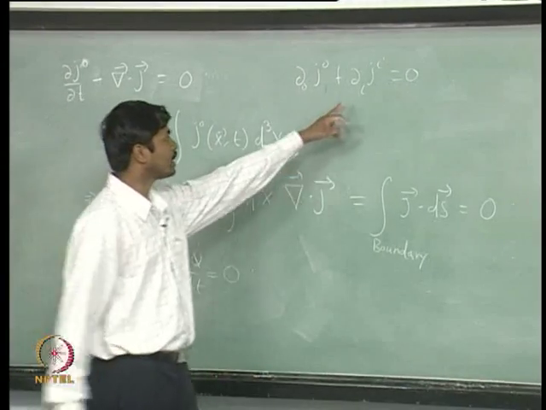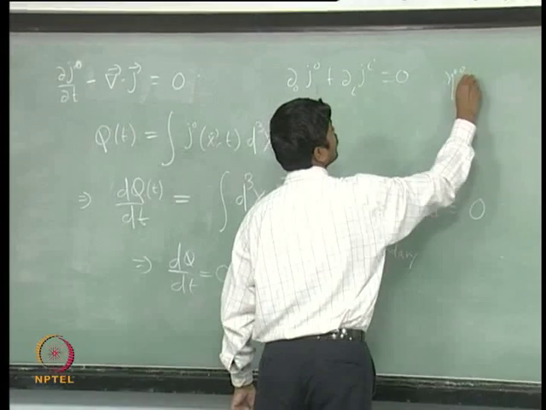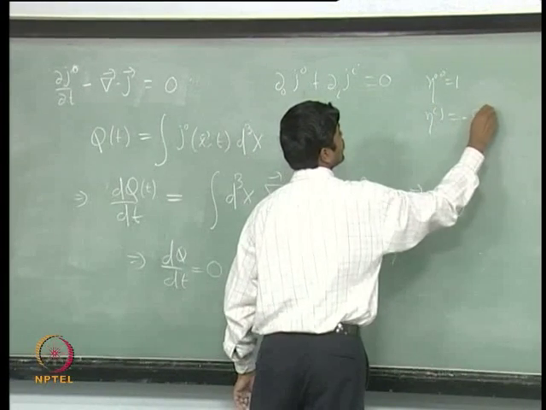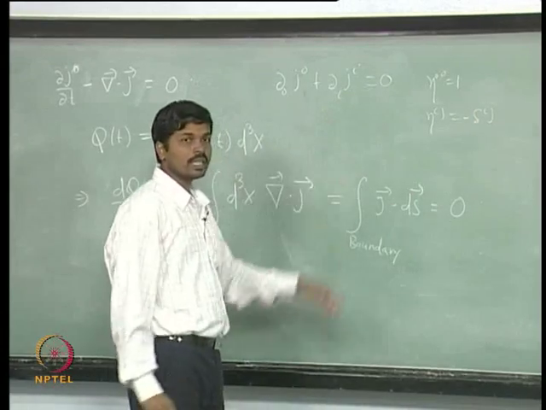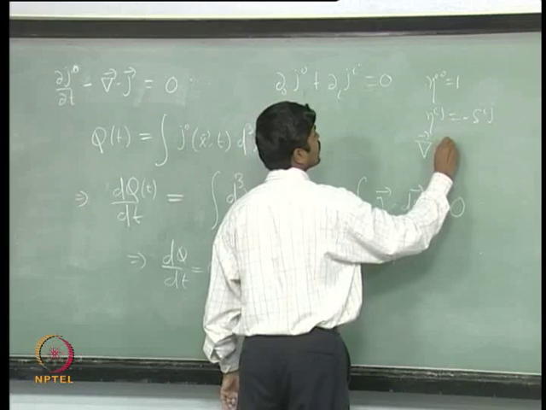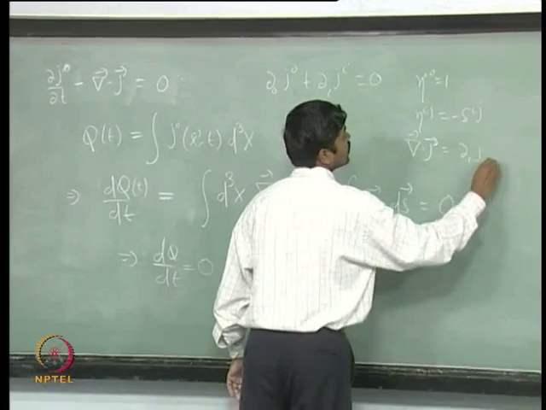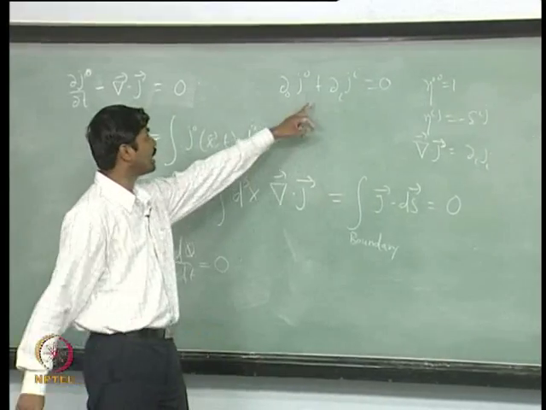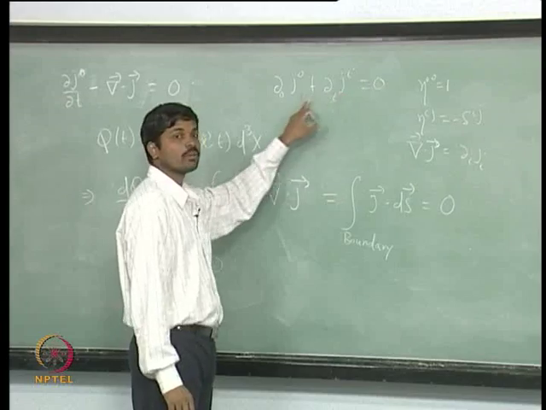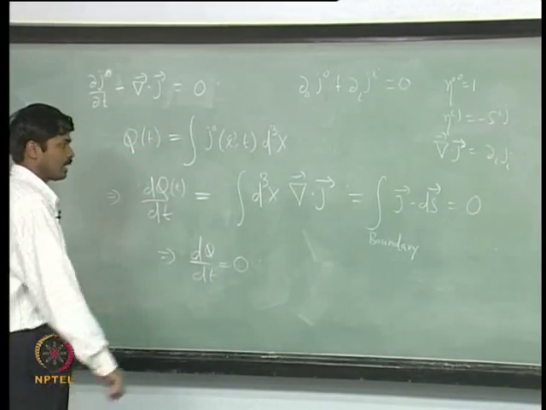And I am using a metric which is eta 0 0 equal to 1, eta i j equal to minus delta i j, and del dot j in the usual sense is just del i j i, right? So, that will give you a minus sign. When this becomes a covariant j, I will acquire a minus sign, and here therefore, I will have a minus sign.